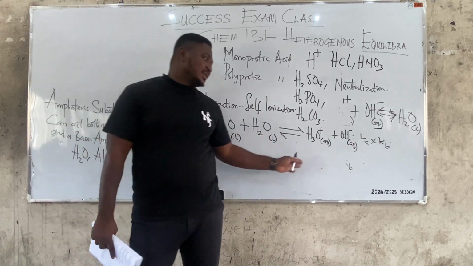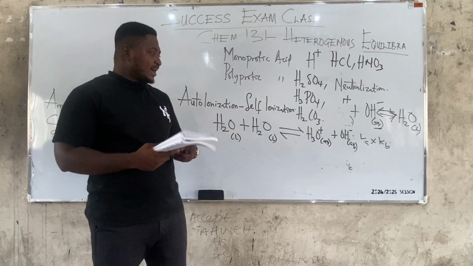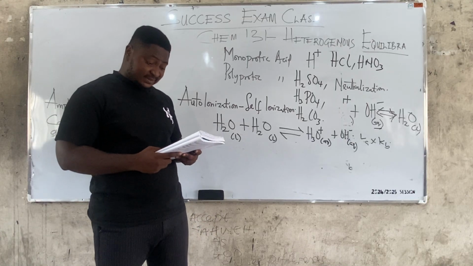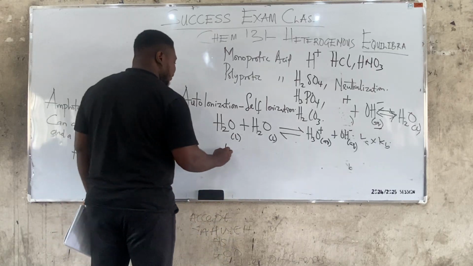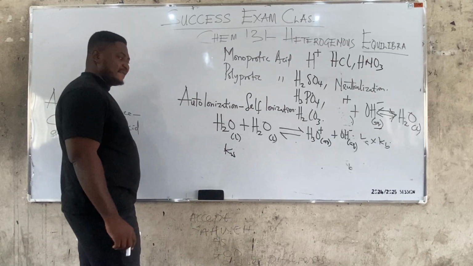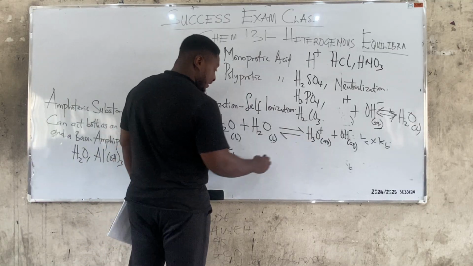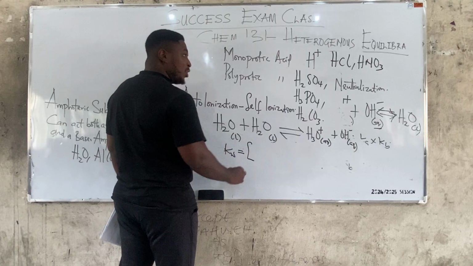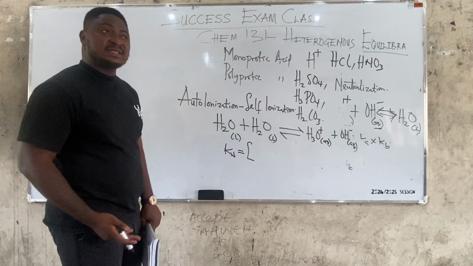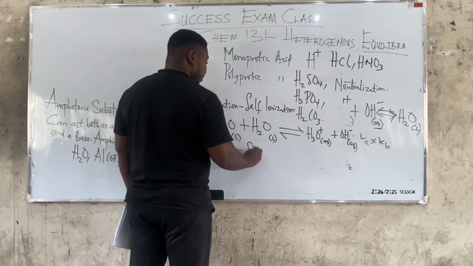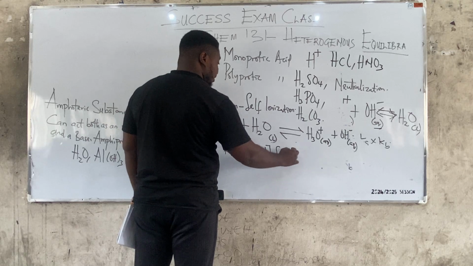Liquid water plus liquid water gives H3O+ plus OH-. For this reaction, what's the Kw? Since water is a liquid, its activity is not considered, so only the aqueous ions are included. Kw, the water dissociation constant or water ionization constant, is [H3O+] times [OH-].